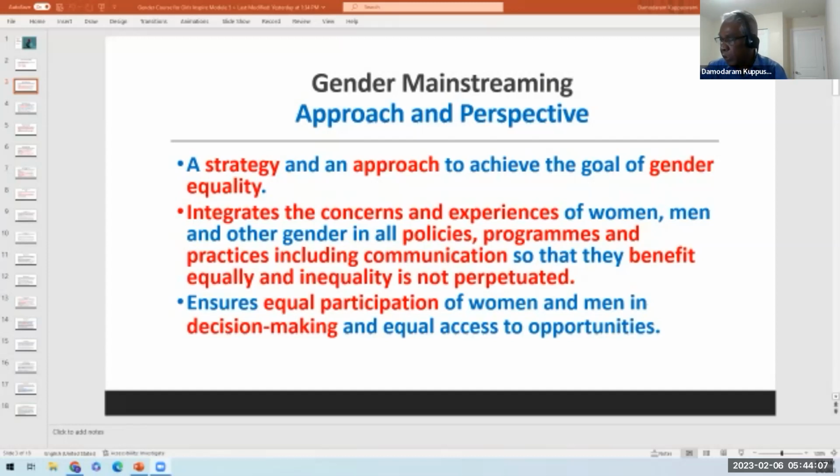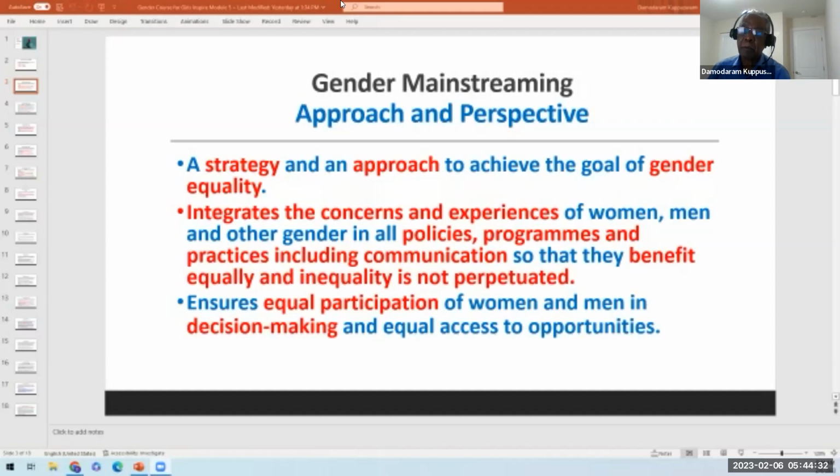What we have seen in terms of gender has been more as an appendage, something that is added on, more symbolic, seen as something different from other work. So mainstreaming actually says it is not different. It should not be seen as an appendage.